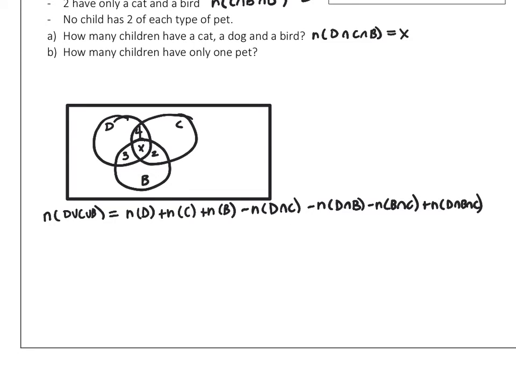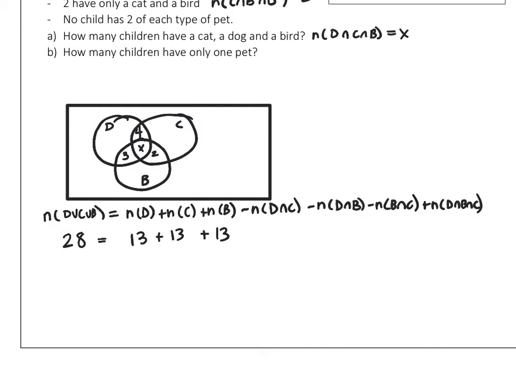Okay, so substituting the numbers, I know from my question that there's 28 people in all of those. The number that have a dog is 13, the cat is 13, the bird is 13.